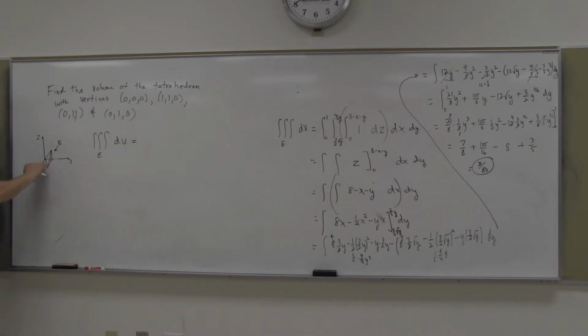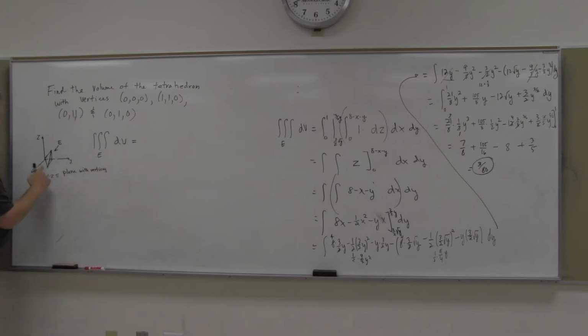it's above the XY plane, so I'm going from the XY plane up to basically this little surface right here, which is the plane. So Z is going to go from that XY plane, Z equals 0, up to that plane with vertices.